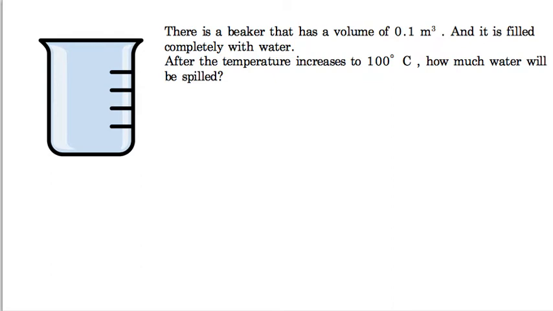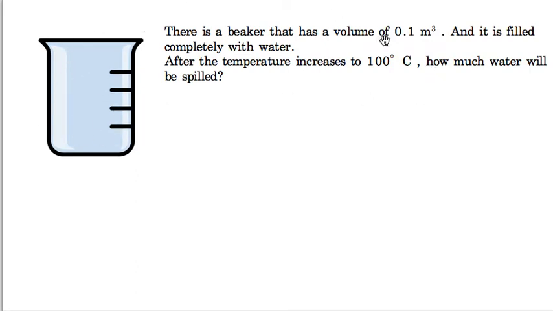Let's say we have a beaker. A beaker is just a container that you use in the laboratory. It's just a glass that you place things inside of. And this beaker is going to have a volume of 0.1 cubic meters. Okay, can you imagine it?